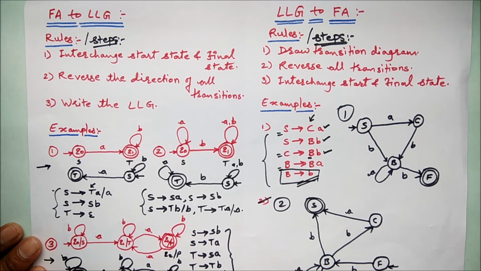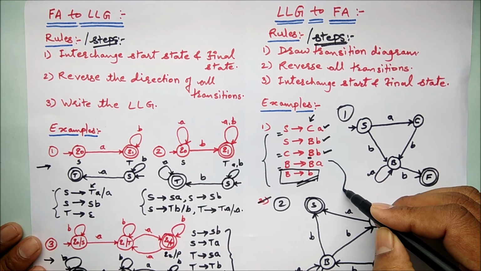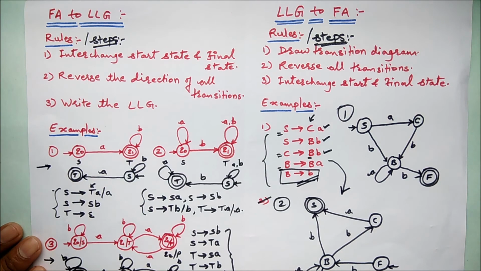So this finishes the drawing of my finite automata, my dear friends. So in this way, a given LLG is converted into the FA in a simple way, right?